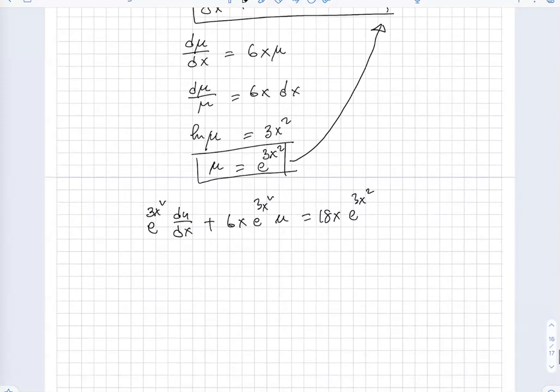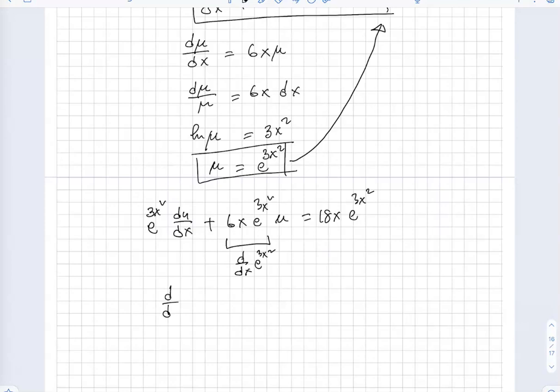After multiplying, you just check whether it is d/dx of this coefficient, which is e to the 3x squared, and you see that the derivative of 3x squared is 6x, so it is the derivative of e to the 3x squared.